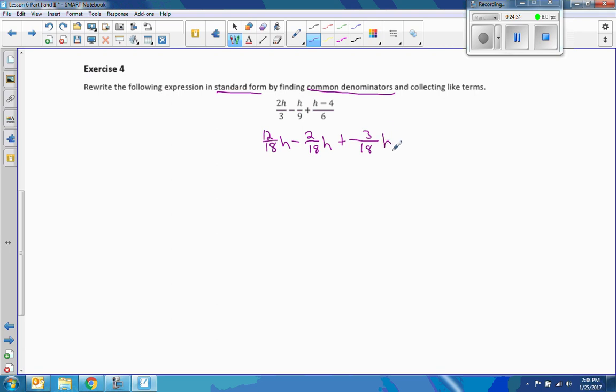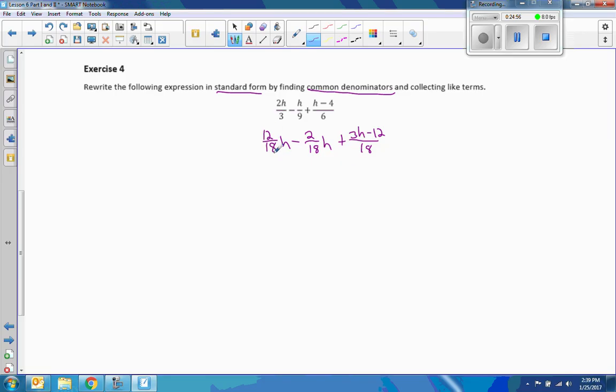So I'm going to put a 3 here and an h here, and then minus 4 times 3, which is 12. So in this case, I can't bring this down, so that would not work if I did that. So I'm going to just do 3h minus 12. I would have to split that up and do 18 over the whole thing, okay? All right.